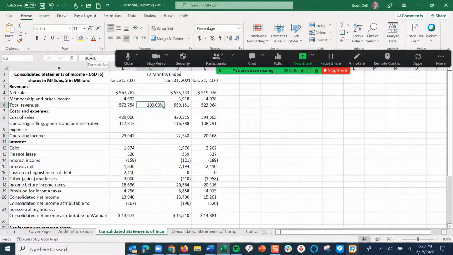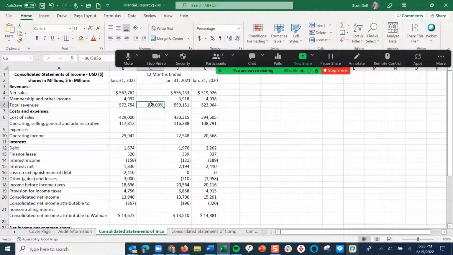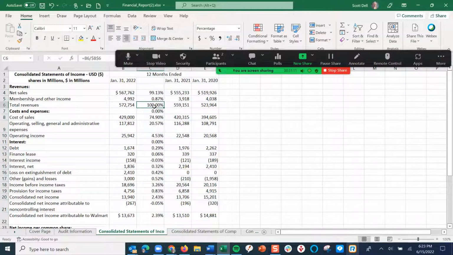Now I'm going to adjust this and make it $B$6. It's called absolute referencing. When I copy the cell, it's going to change the B6, but the $B$6 is not going to change. I'm going to Control C here, copy it all down to the last number. And if you look at these percentages, my total revenue is a 100% number.